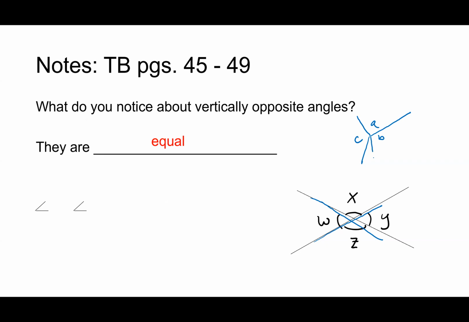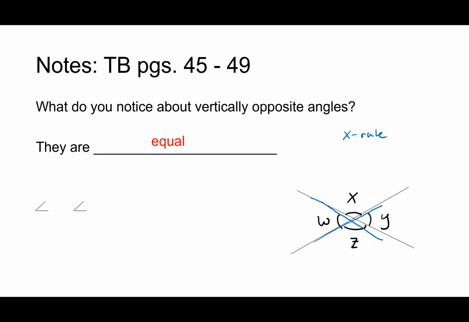Let me add just another one here in D. So do I have any angles that are equal to each other using this rule? No, I don't. Good. So they have to be straight lines. All right. So using that rule, this is also called an X rule, by the way, you guys write that down. So on your blue sheet that I handed out to you guys the other day, you have X rule, you have Z rule, slide rule, all of these different rules. This is the X rule that we just learned.